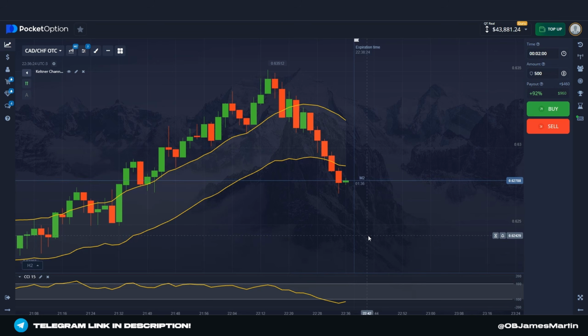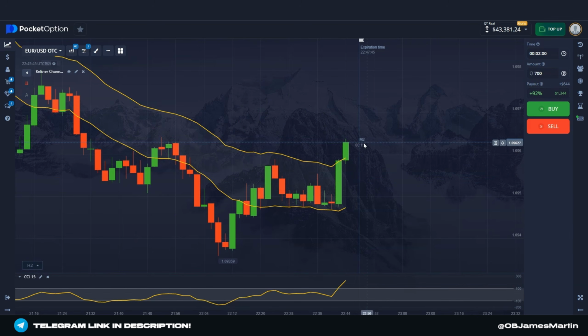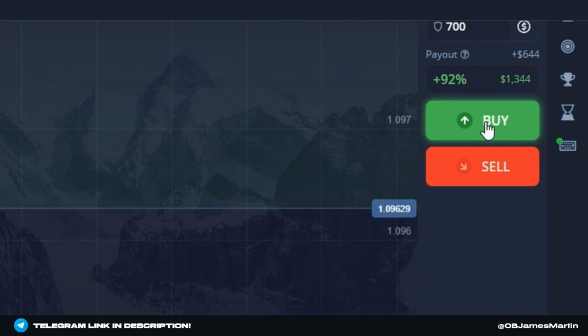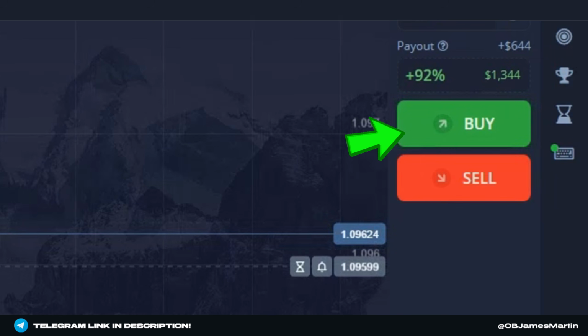So let's try to then find the last entry for today. I then find this opportunity that means for us an uptrend, okay? 10 seconds to perform this entry. Look at this, our first candle outside of the channel. We got the line outside of the channel as well, and click on the buy button.